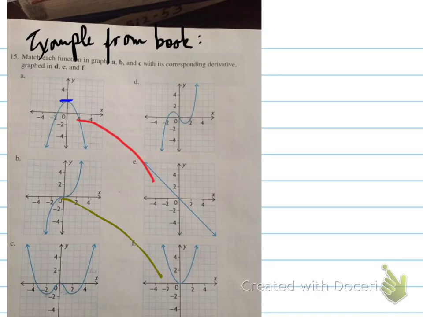Well, we could also look at the slopes to see what's going on there. Notice that all the slopes going across here are constantly positive: positive, 0 slope here, and positive again.